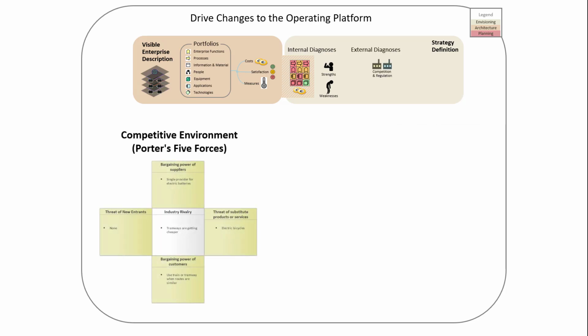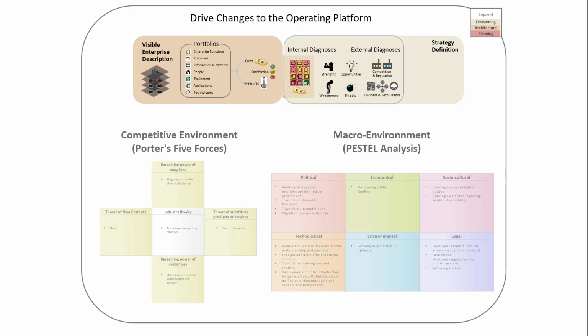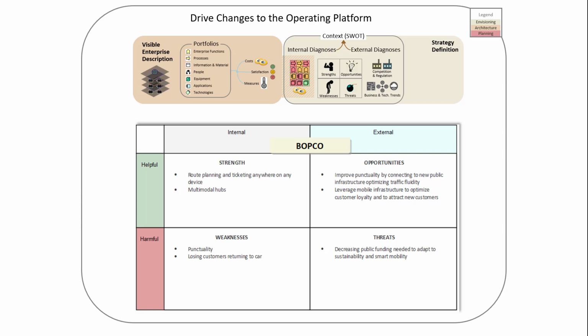External factors also influence your strategy. These include not only competition and regulations, but also current trends like culture, technology, and the economy. The external factors are your opportunities and threats. So based on these internal and external diagnoses, you can build your SWOT.